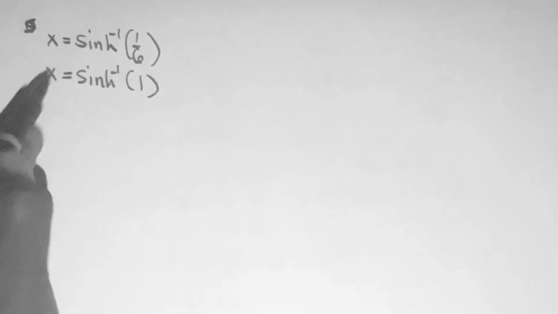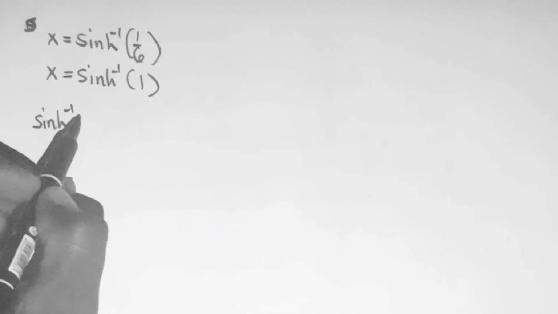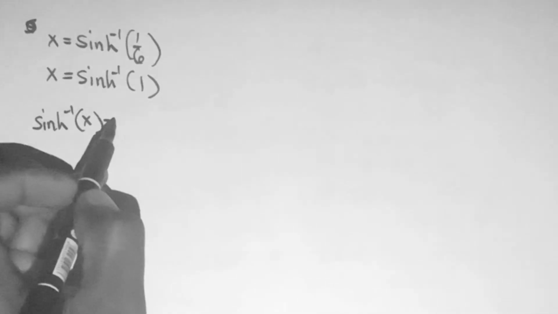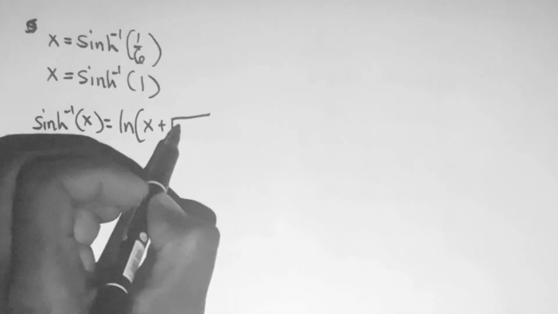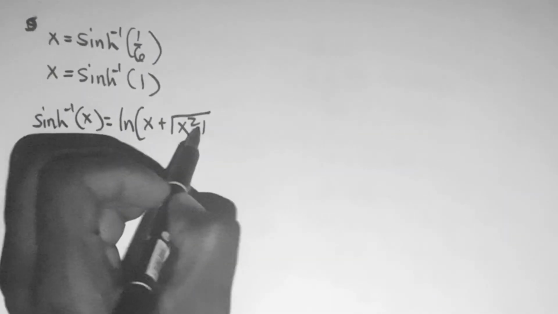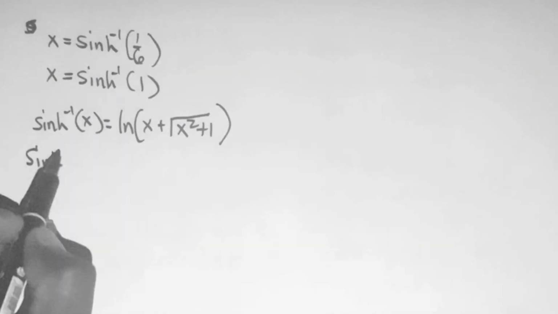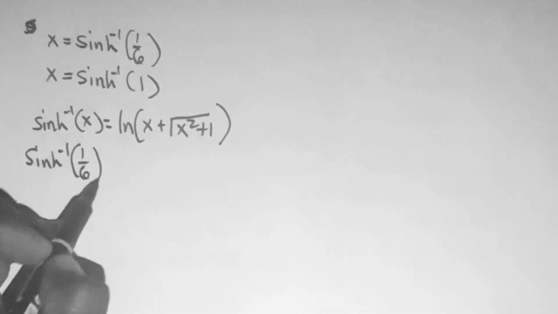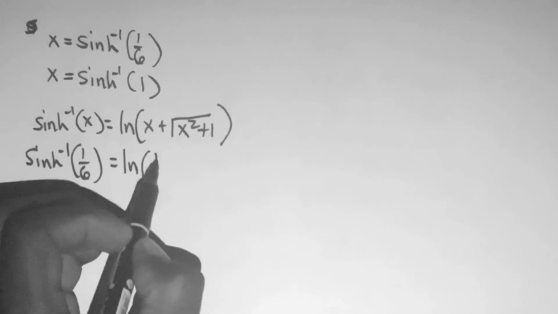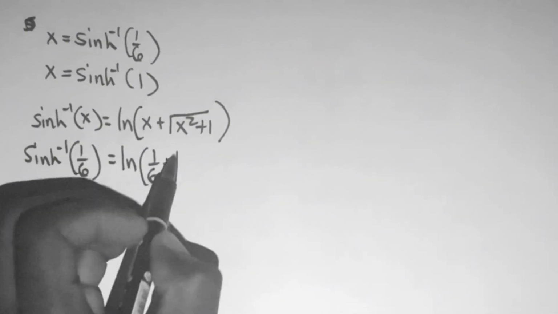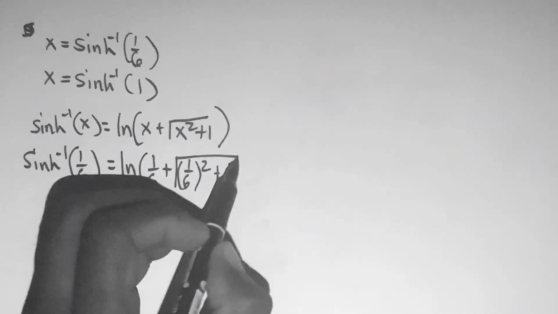Let's start with this one. We know that sinh inverse of x gives us natural log of x plus square root of x squared plus 1. So for sinh inverse of 1 over 6, wherever we see x, we replace it with 1 over 6. This becomes ln of 1 over 6 plus square root of (1 over 6) all squared plus 1.